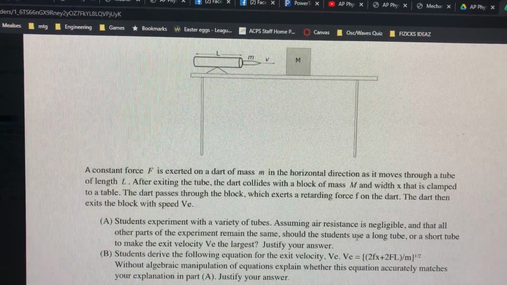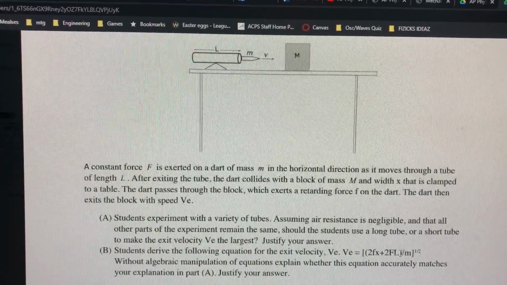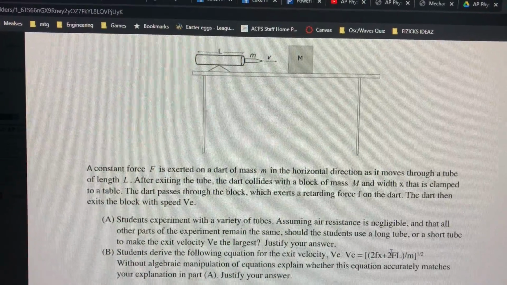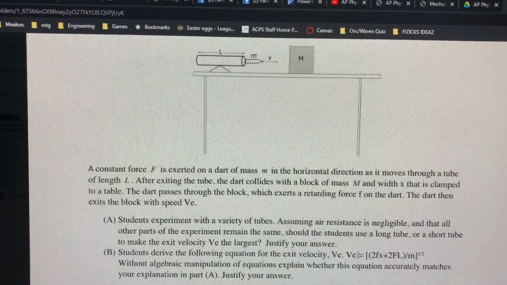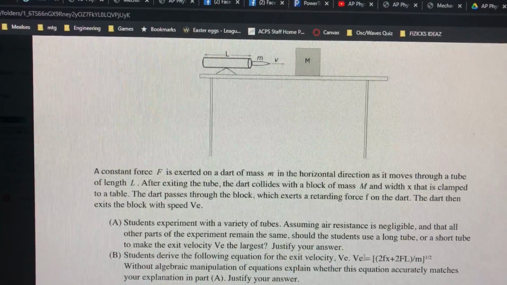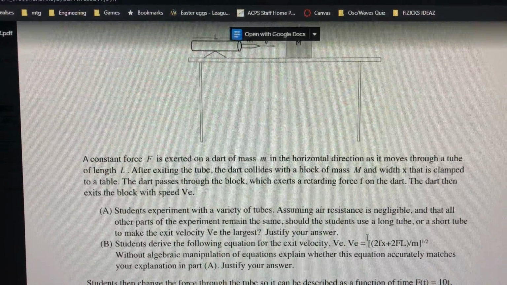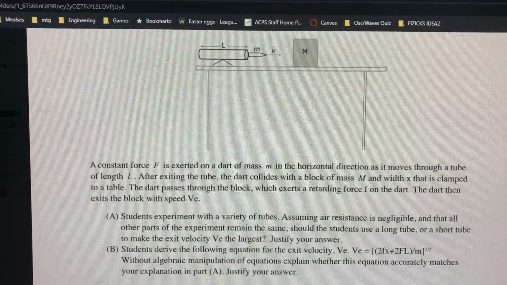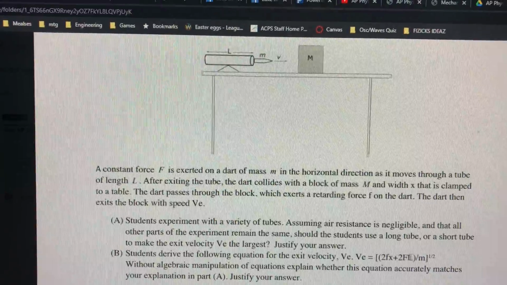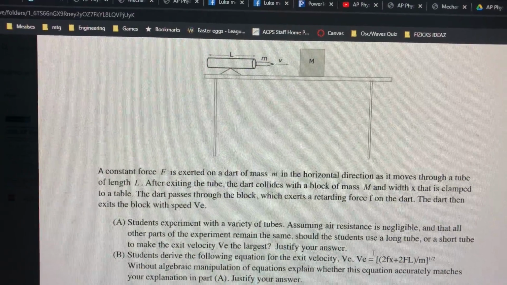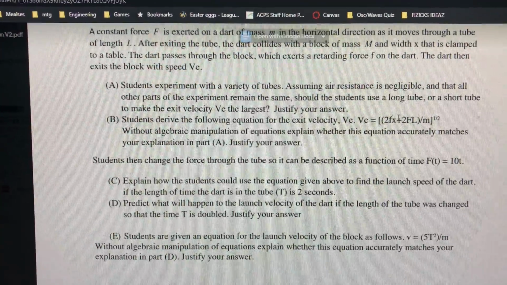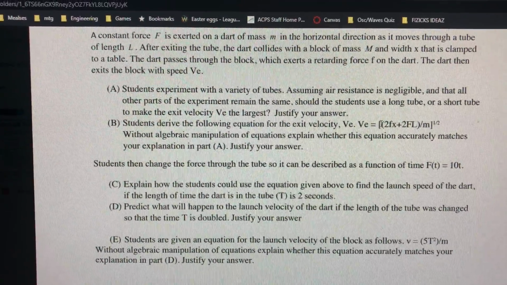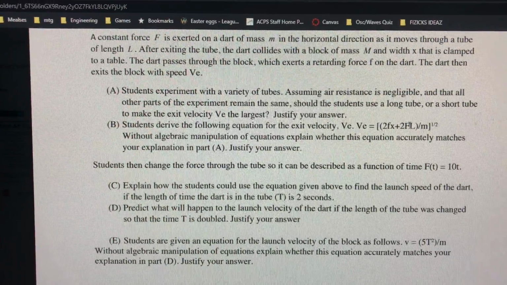So if we make this L really big, then we've got a big positive number, a smaller negative number, and overall this is going to increase. So yes, it matches up, because with this being a positive, this being a negative, making this L bigger is going to also make v_e bigger. So we didn't manipulate the equation, we just looked at it and said, okay, based off this, we know this is negative, this is positive. If we make this bigger, we're good to go. Okay.